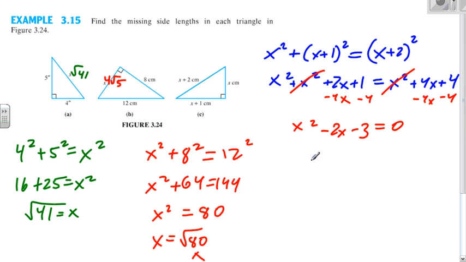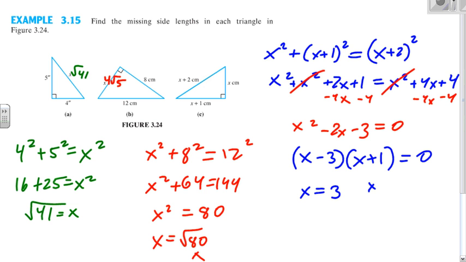This can be factored because negative 3 is negative 3 times 1, and negative 3 plus 1 equals negative 2. So you can factor it to be (x minus 3)(x plus 1). And when we solve that, we get x equals 3 and x equals negative 1.